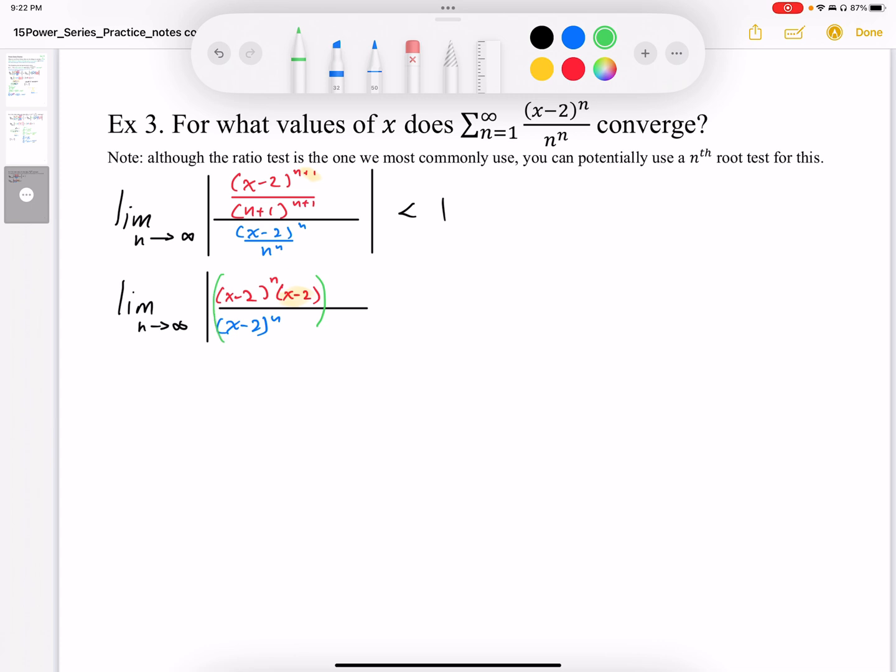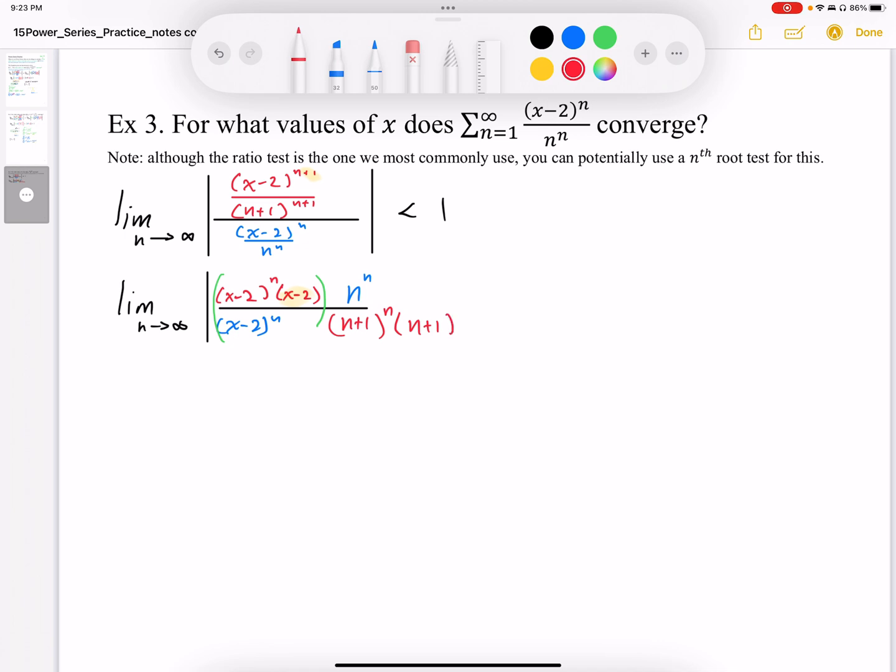You can see that some parts cancel out there. The n terms, or the sequence terms, are going to be grouped together. So it looks like this: I end up with n to the power n, and n plus 1 to the power n plus 1. I'm just going to write that as power n, and then an extra n plus 1.